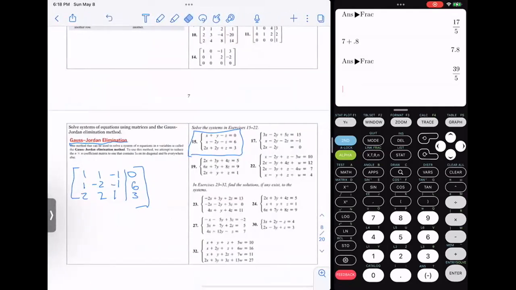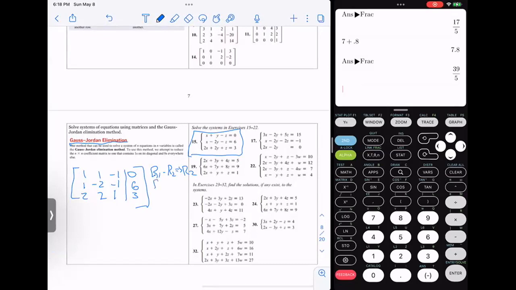So in this case, if we subtract row 1 minus row 2, that would equal row 2. And we know 1 minus 1 here is going to give us 0. So I'll turn that first term to 0.